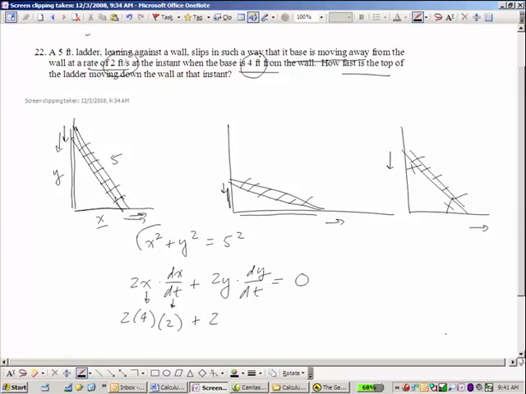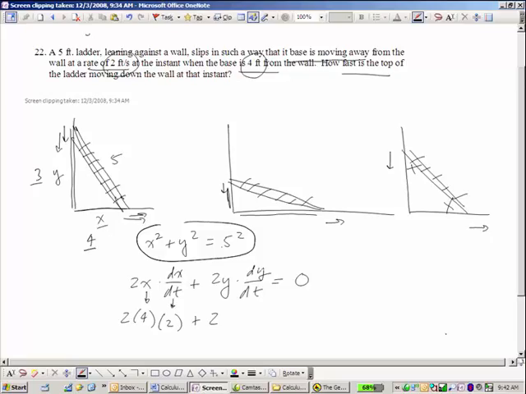David's saying we know that this is true. So when, not always, but when x is 4, we know y has to be 3. 3, 4, 5. So when x is 4, and only when x is 4, y is 3.